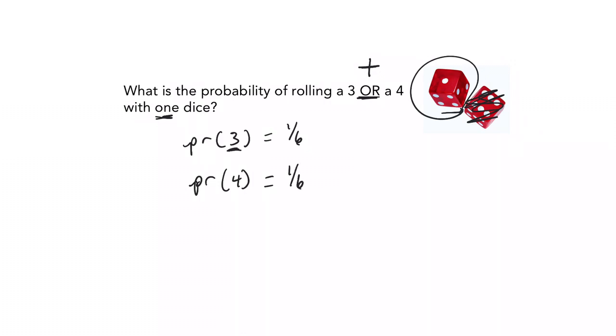They turn out to be the same. Now if I want this event or the second event to happen, what do I have to do? I have to add them, because this is an or situation. And that gives me 2/6 or 1/3. So 1/3 is the probability of rolling a 3 or a 4 with one dice.